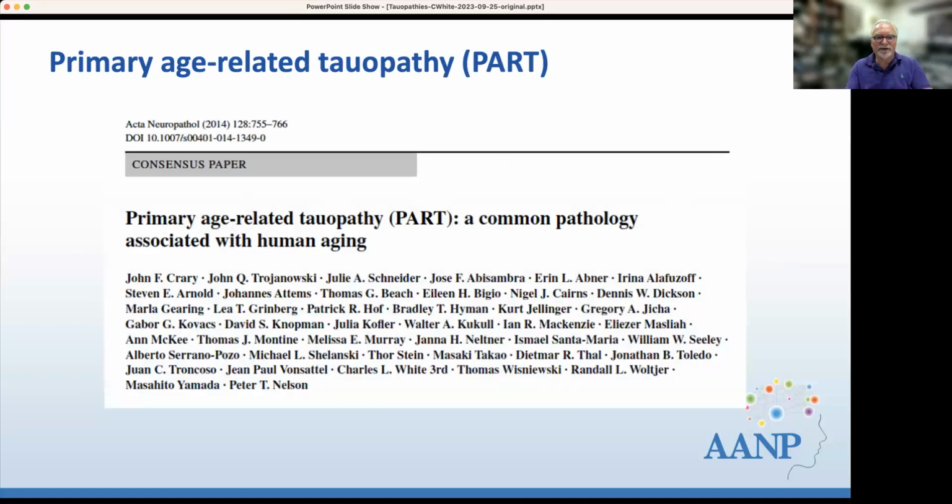So back in about 2014, following up on the 2012 criteria for ADNC that did not require a diagnosis of dementia, a couple of neuropathologists, John Crary and Peter Nelson, assembled a group called the PART Working Group that developed this term, primary age-related tauopathy, and pointed out that this was a very common finding in the brains of the oldest old subjects.